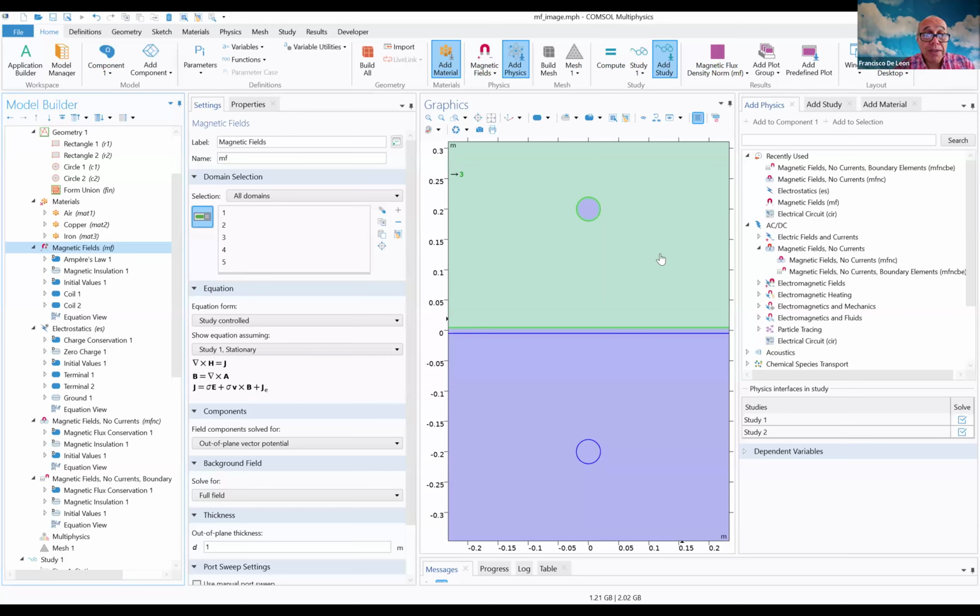Plus sigma times speed times B, that is an AC current, right? And J_e is the impressed current that has nothing to do with the magnetic field. You just invented it there. You impress it in a way that is external to this problem.